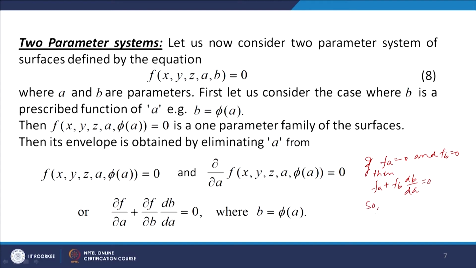So, the point determined by f = 0, f_a = 0 and f_b = 0 will always lie on the characteristic curve given by f(x, y, z, a, phi(a)) = 0 and this equation, the partial derivative of f with respect to a equal to 0.